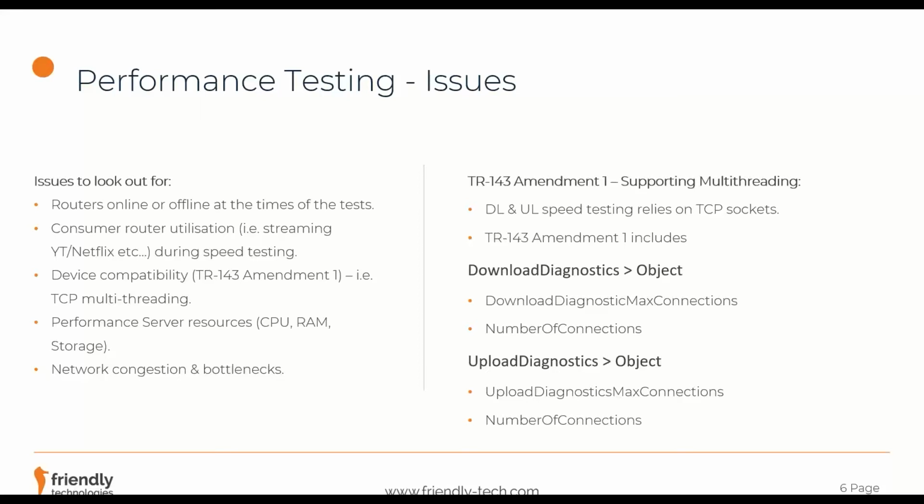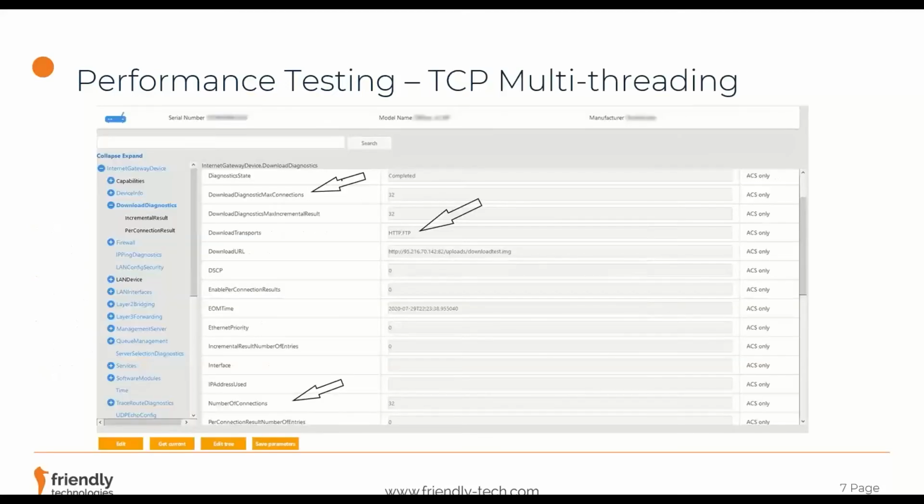Number of connections means that you, as the administrator, are able to configure how many concurrent sessions you want running at a time, up to that maximum. So you may only want to run 12 or 10 connections. That's configurable, but that object needs to be present in the devices that you're using to get the best efficiency out of that download and upload test procedure.